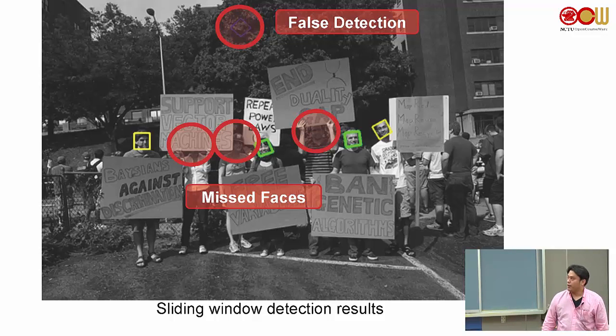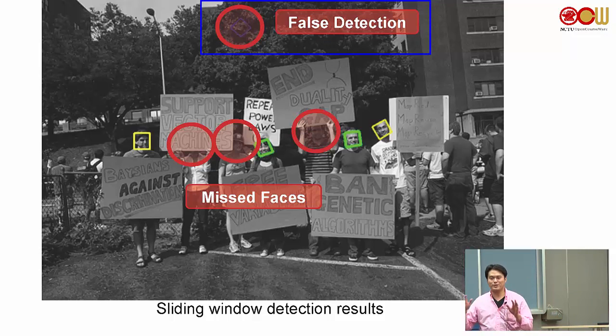But, okay, but for some reason, the tree, for some nature randomness, it also looks like a face somehow. Yeah, and this is called the false detection or false alarm, false positive.